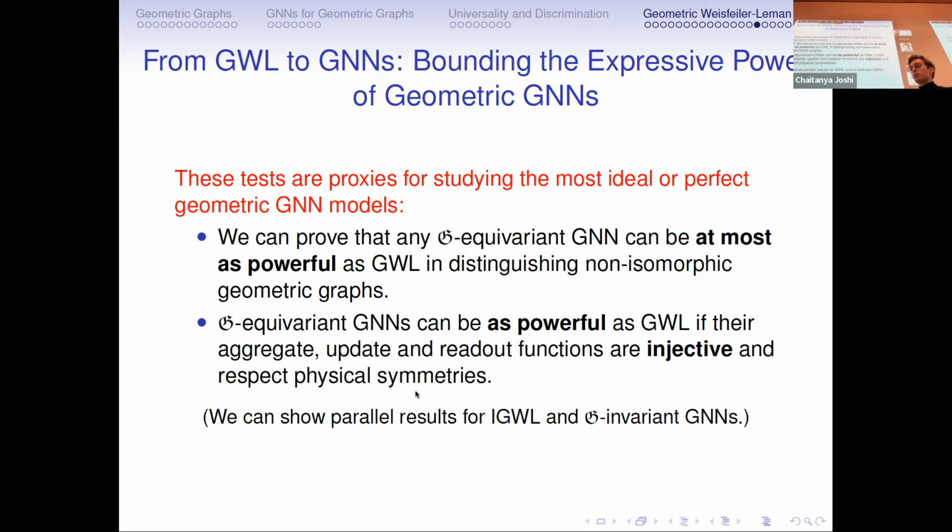It's fairly simple to prove that GNNs can never be more powerful than GWL, unless you break the message passing paradigm in which this operates. As a result, GWL is essentially an upper bound, and all the limitations that hold for GWL hold for the GNNs that rely on this message passing paradigm.